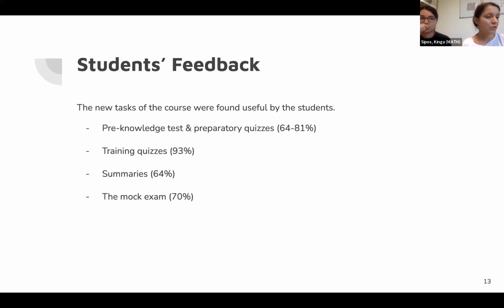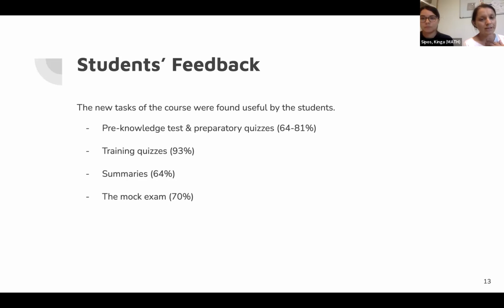And then before going to the empirical evidence, let me show you a couple of aspects that we understood from students' feedback. At the end of the semester, students completed an anonymous survey. All the other parts of these new activities were not anonymous, because we wanted to provide the possibility of giving them bonus points.